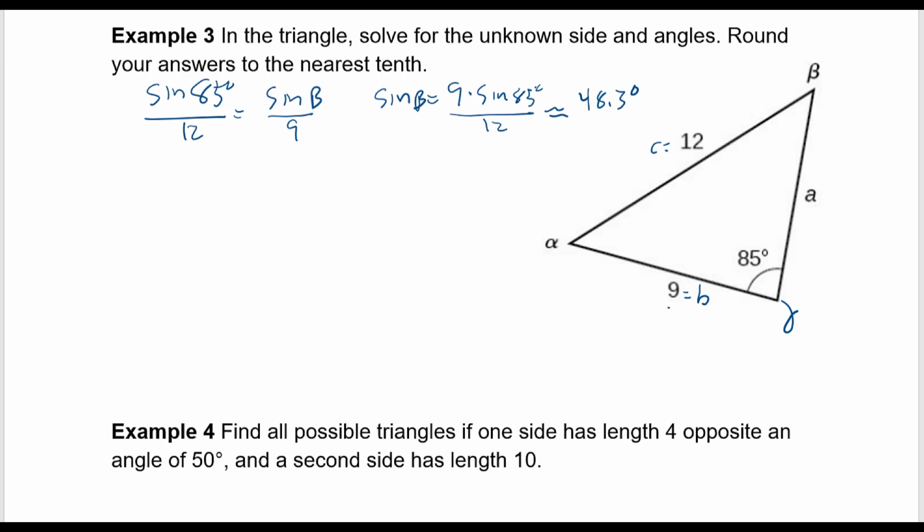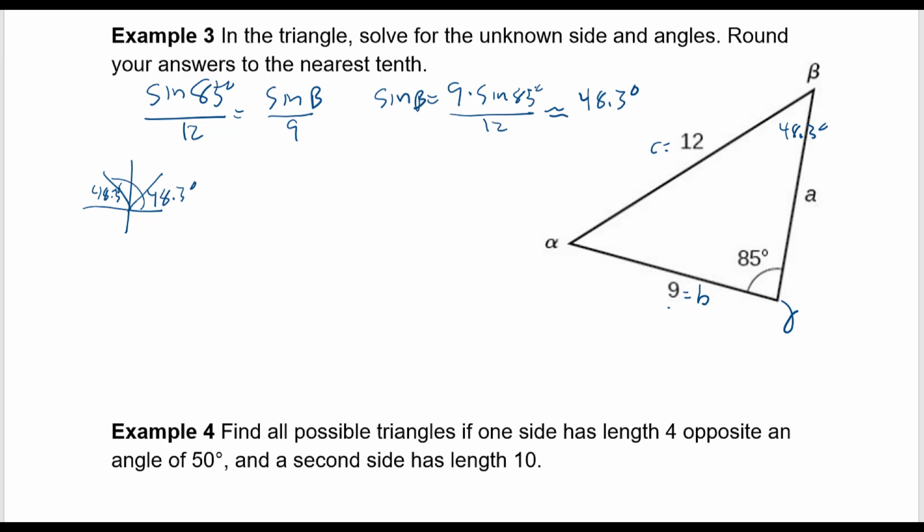Okay, so that's one of the triangles. So we could have this as 48.3 degrees, but we could also have a different triangle that returns this 48.3 degrees, but it could be returning a reference angle, and it's actually a bigger angle, because again, sine inverse doesn't return values in that second quadrant.